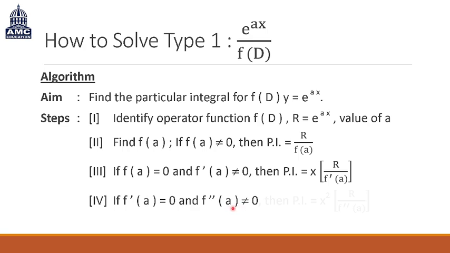And if we find that this number is not equal to 0, then our particular integral is going to be x squared multiplied by R divided by f''(a), right? So you see here the power of x is 2, and here in the denominator we are looking at the second derivative of f with respect to D at D is equal to a.